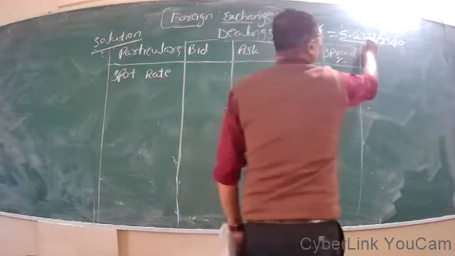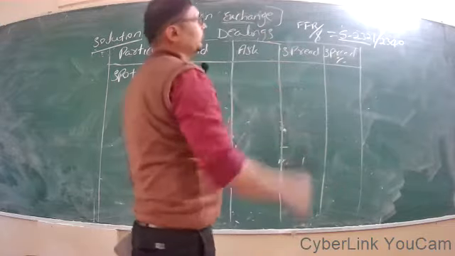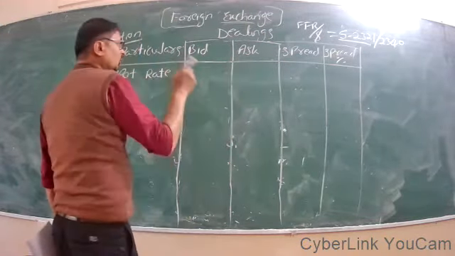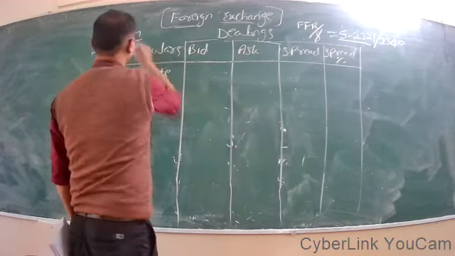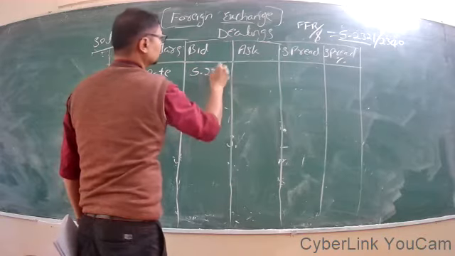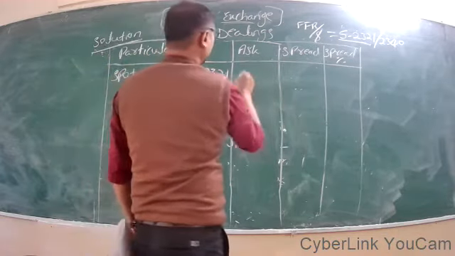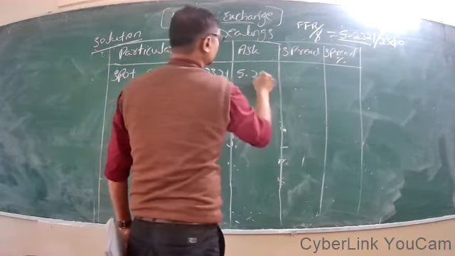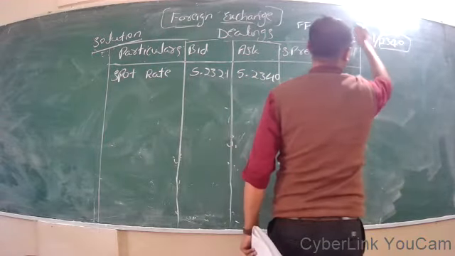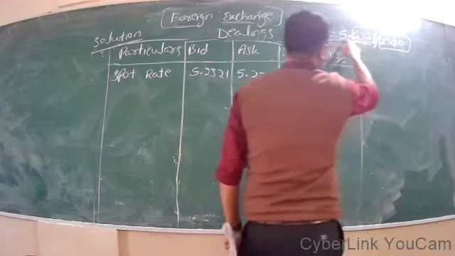The 5.2321 is lower than 5.2340. That is the two-way quotation, where the lower one is the bid price. Bid price is 5.2321 and ask price is 5.2340. These four digits are called pips, and that is after an integer.